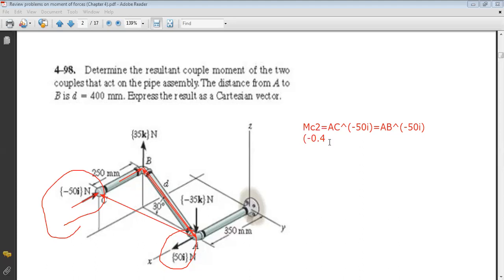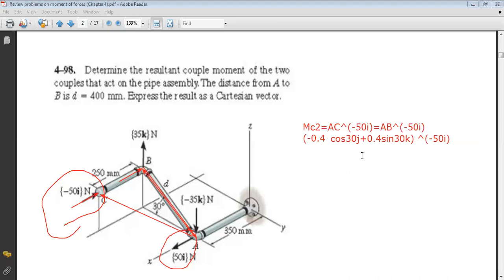So it's minus 0.4 cosine 30 along J and plus 0.4 sine 30 along K, vectorial minus 50i. Okay. Here, for example, also to do the vectorial product, it's easier to do the expansion since I don't have a lot of terms. Okay.